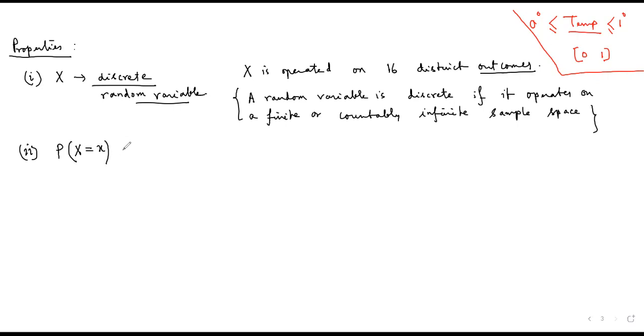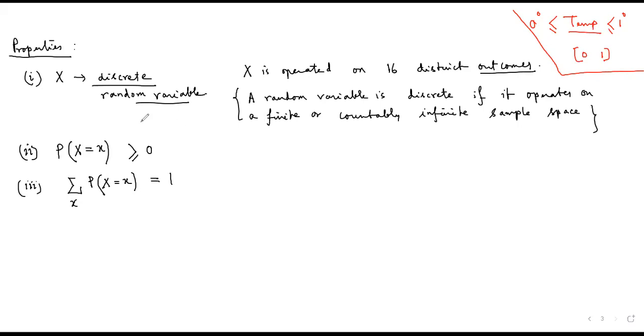This is my probability notation. And we observe that the probability is greater than or equal to 0. Observation number 3 is that if I have considered all the outcomes in the sample space, the total probability must be equal to 1.